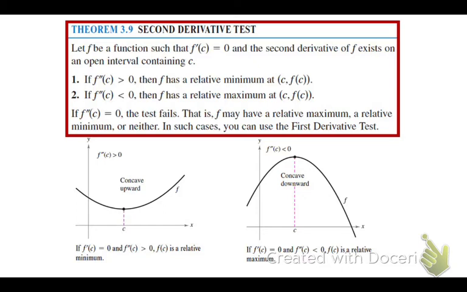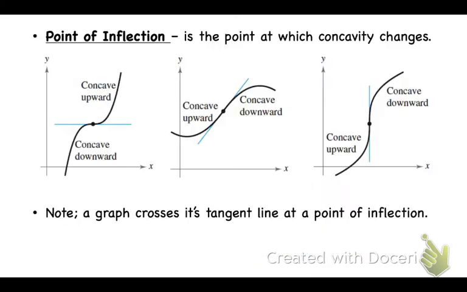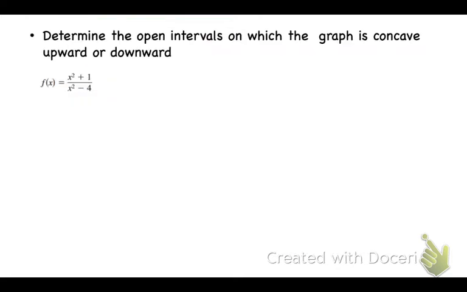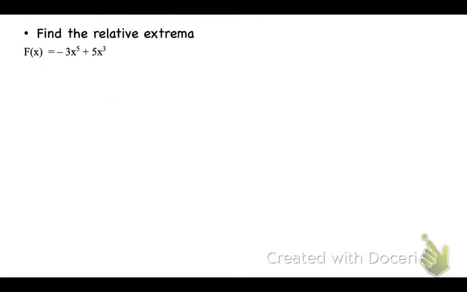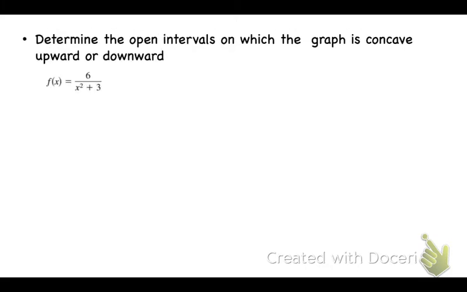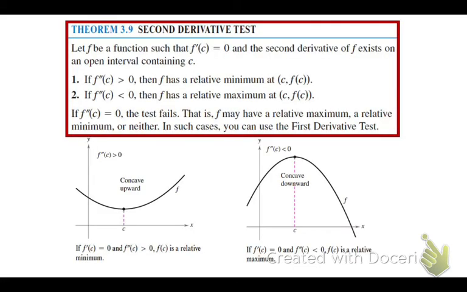I probably just didn't want to put it on there. I maybe just decided it was kind of unnecessary, because I think 3.8 was the point of inflection. They made it look harder than it was.